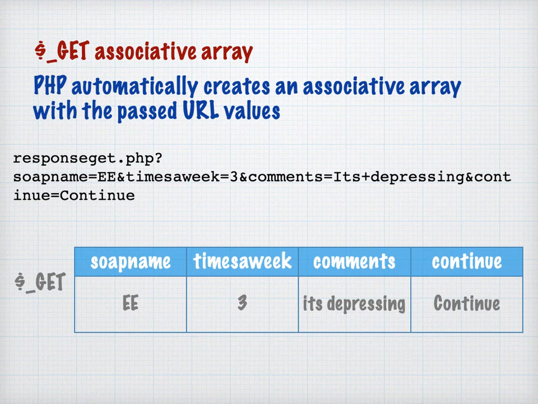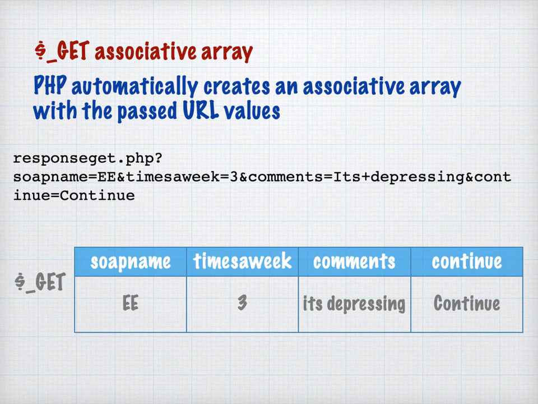So for example, if we were using get in our form, what PHP does is it automatically creates an associative array with the special name underscore GET in capital letters, and it creates that pairing. So every element on the form, it pulls the name out, like for example here, soap name, times a week, comments and continue. Those are elements on the form, and it's putting the values from the form into those particular boxes.